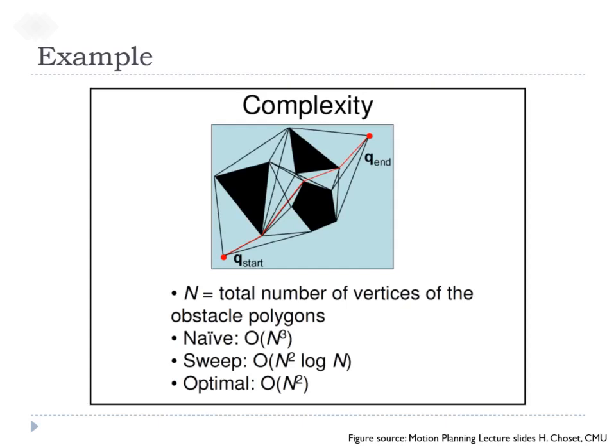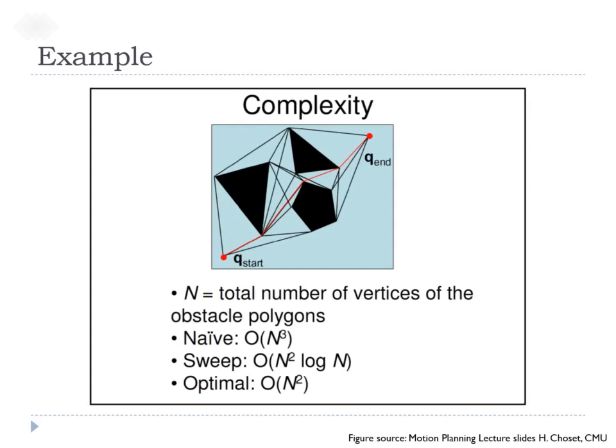If there are n vertices in the given environment, let us look at the complexity of the algorithm. If we apply a purely naive approach where every pair of vertices is compared, then you will have n into n minus 1 pair computations. Then these pairs of vertices will be checked against the edges which are present.